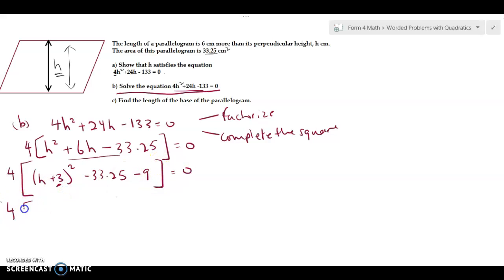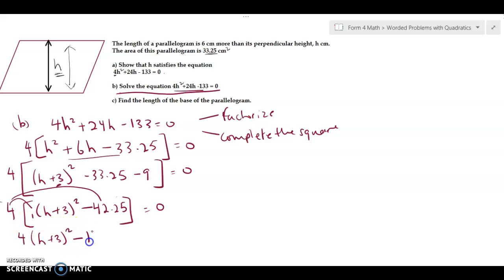Then I get 4, and this works out to be minus 42.25. And then I multiply this here by 4, which is really 1, and that here by 4. So I get 4 small brackets now, and that value by 4 gives us 169. So I put minus 169 is equal to 0. So this is the completing the square answer right here.